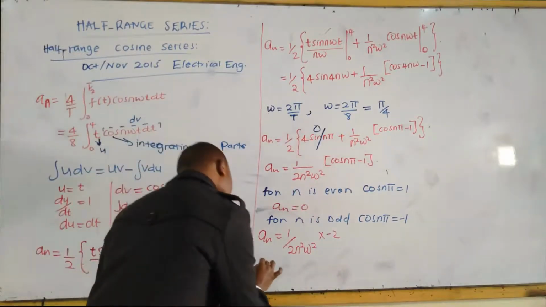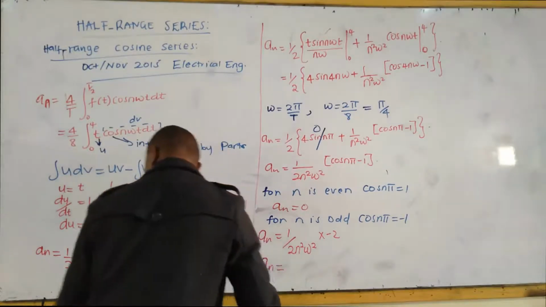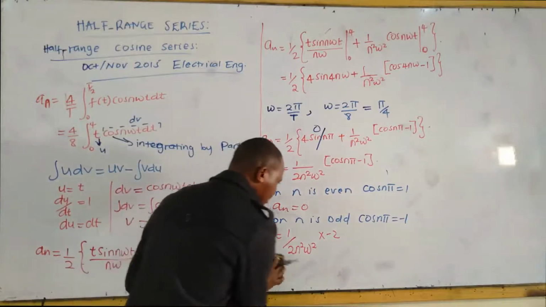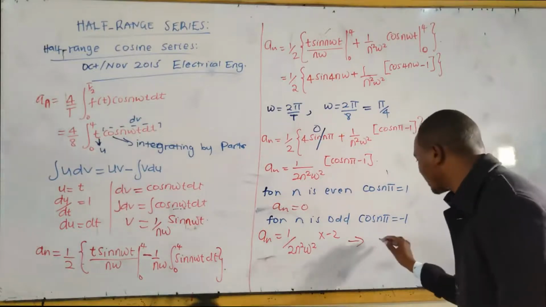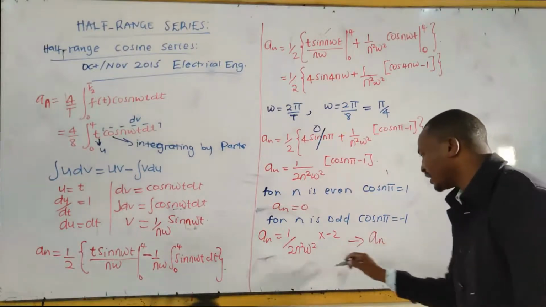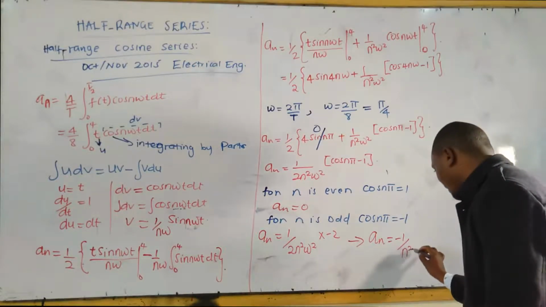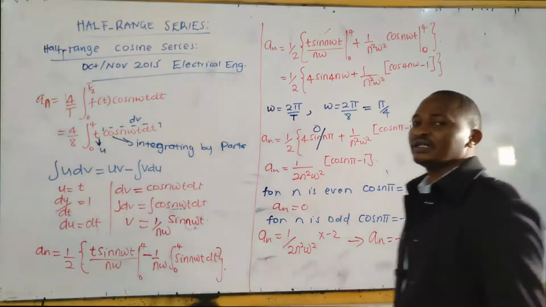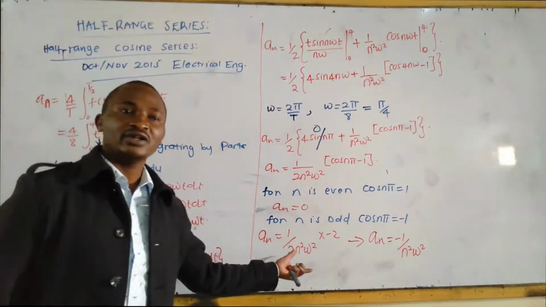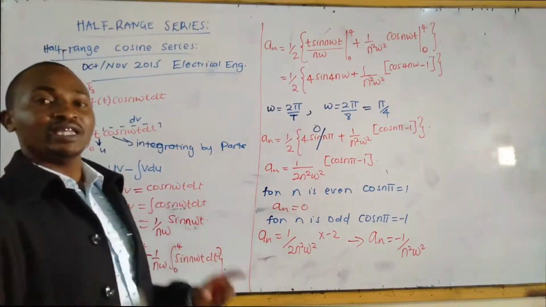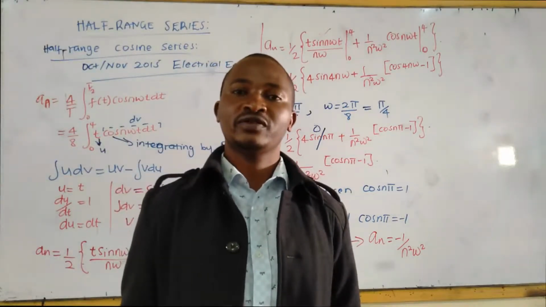This one will give us an is equal to, let me write it here. I'm not sure whether this is visible. So an is equal to negative 1 over n squared omega squared, for n is odd. Now we have an, we have bn, we are ready to write the whole Fourier series representation of the function.